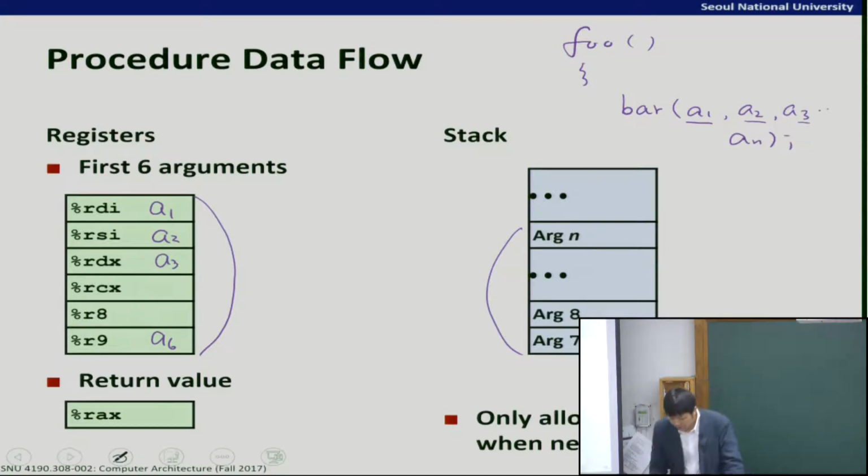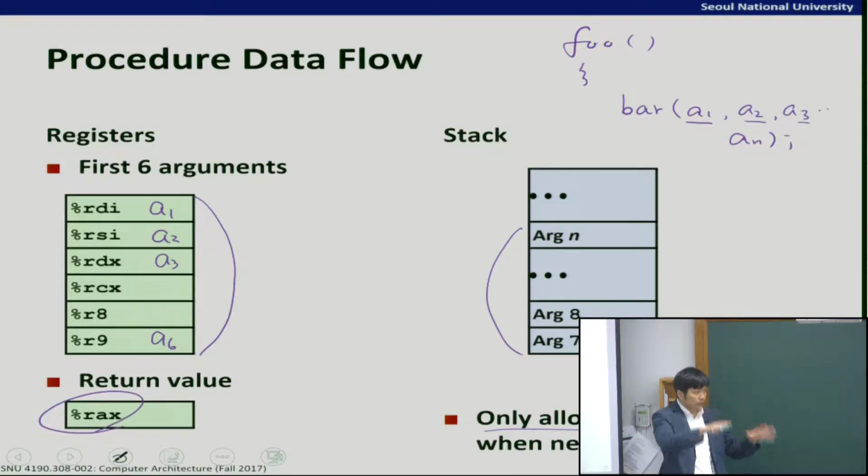Here, this stack space is allocated only when it's needed. In other words, only when you actually have 7 or more arguments. Otherwise, you simply use registers to pass the value. Also, when you return from the function, the convention is you always use the RAX register to pass the return value.